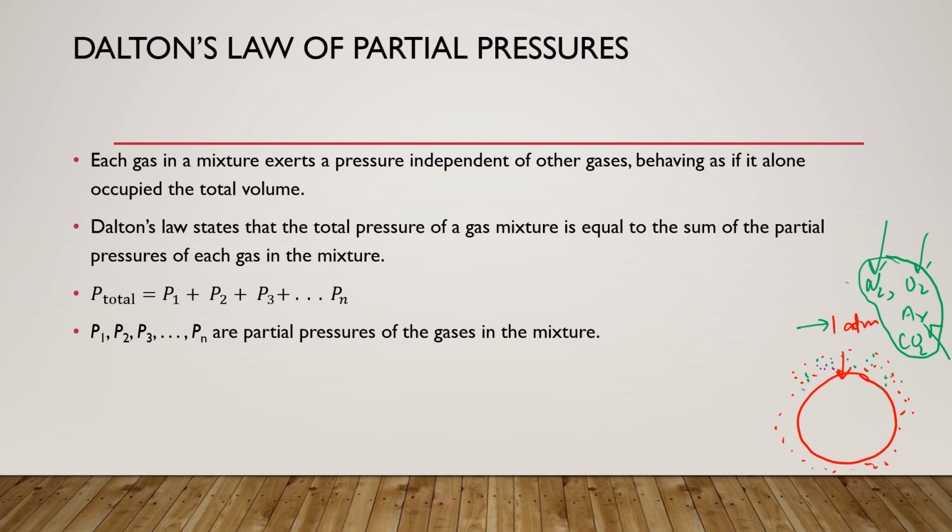Dalton's law talks about the individual pressure of components of a mixture of gases. Dalton's law shows that for a mixture of gases, each gas exerts a pressure independent of other gases, behaving as if it alone occupied the total volume. The pressure of a gas in a mixture of gases is known as partial pressure.